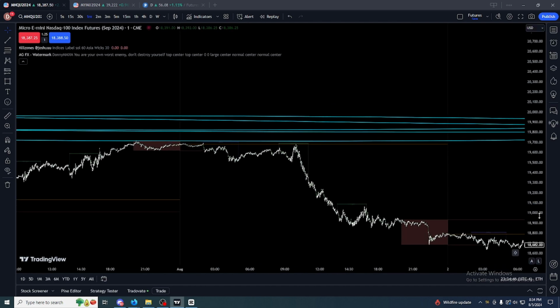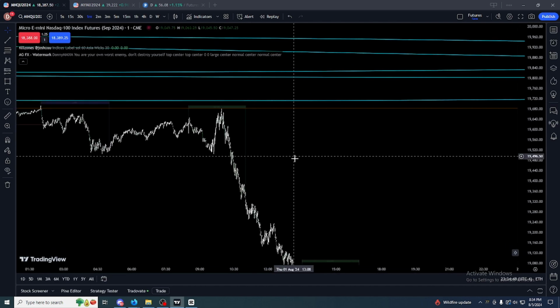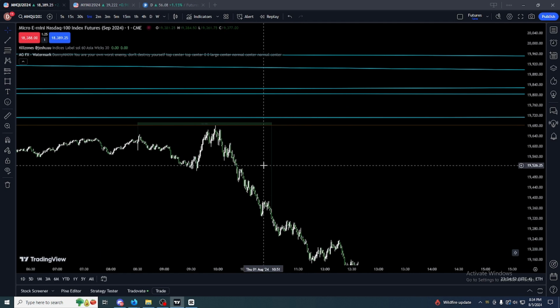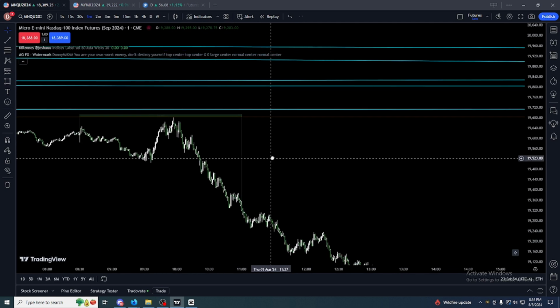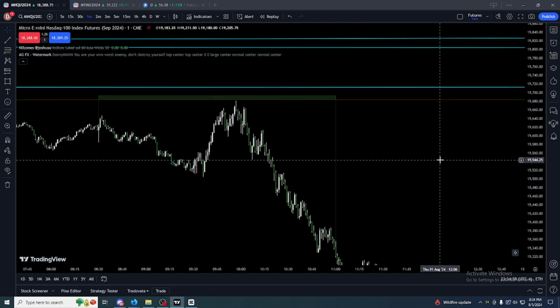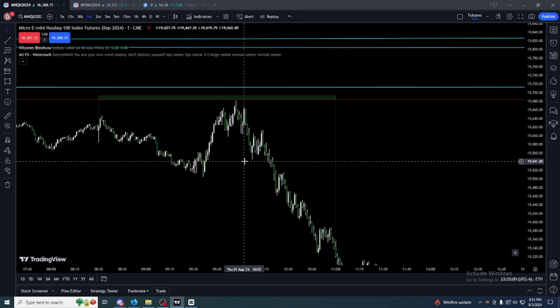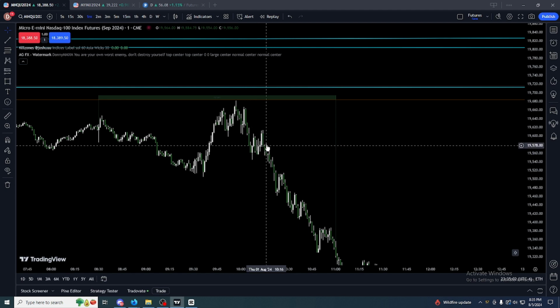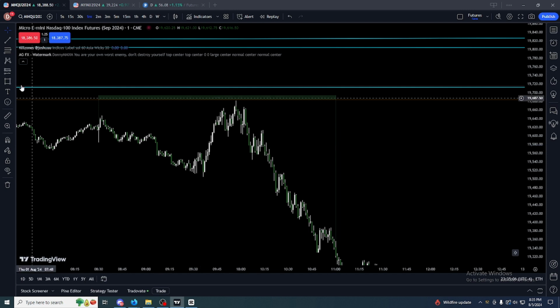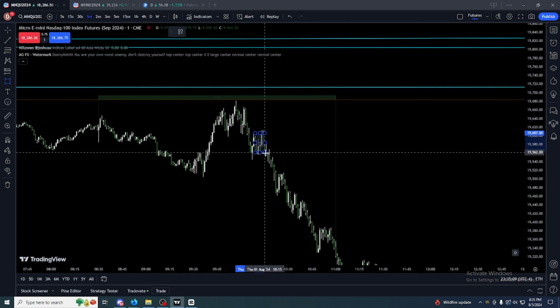Here there are a lot of setups that you could have taken. Me personally, I entered when we inversed these gaps, and then we put in this order block right here. As you can see, we have this OB right here.